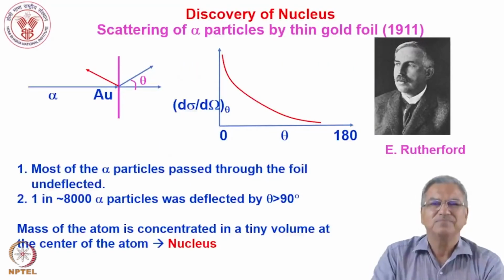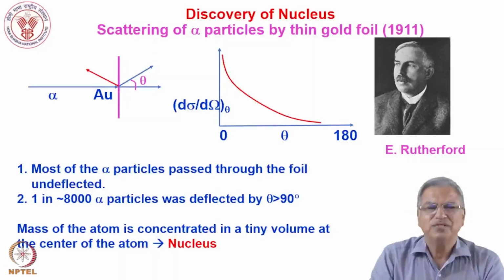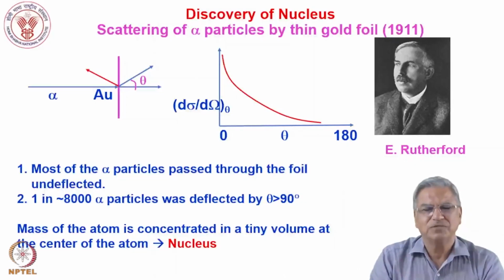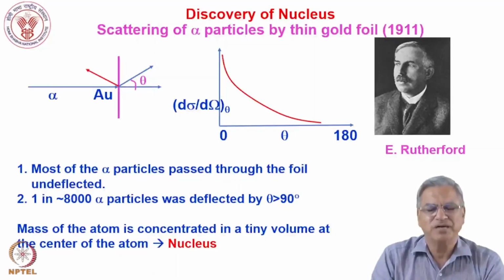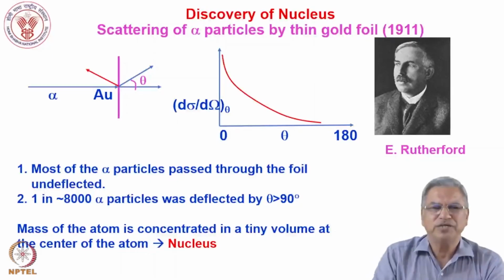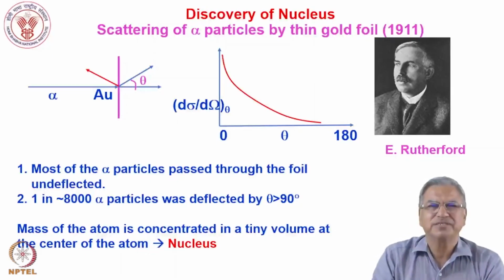Let us see, right from the early 20th century, how the different discoveries contributed to understanding the structure of matter. We discussed the discovery of radioactivity in 1896, followed by the discovery of radium and polonium, and then Ernest Rutherford came into the picture and contributed in many ways to understanding the nuclear structure.